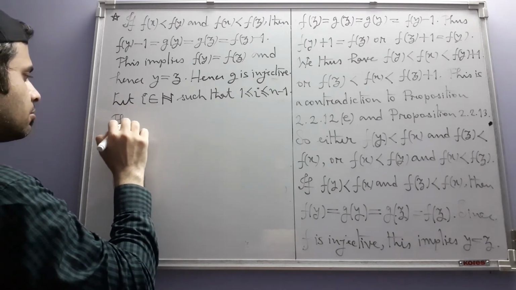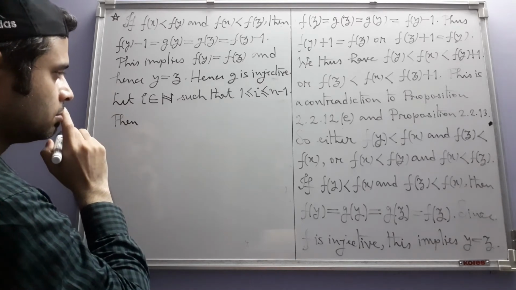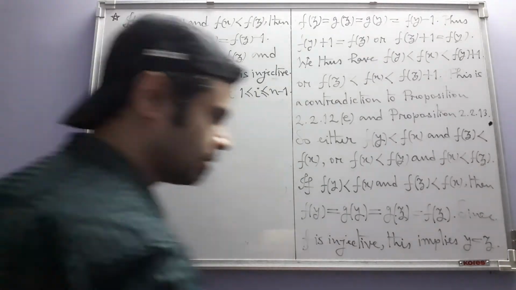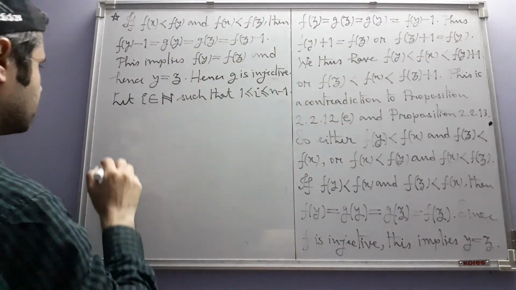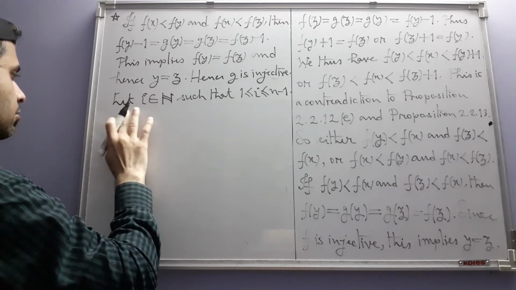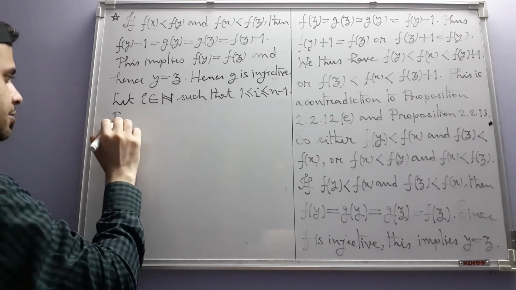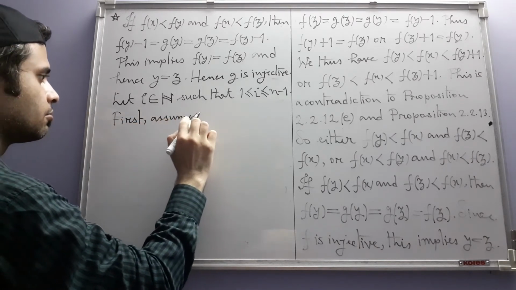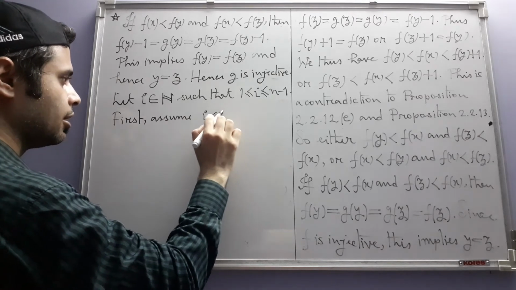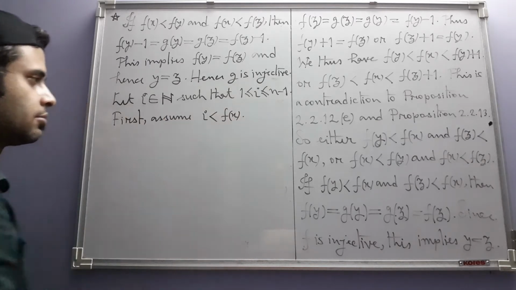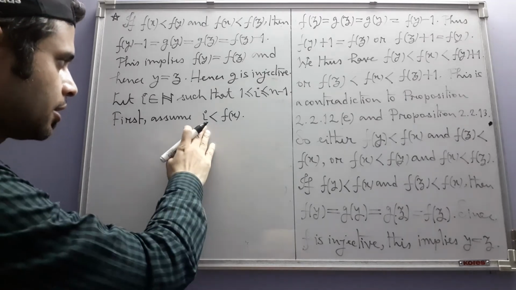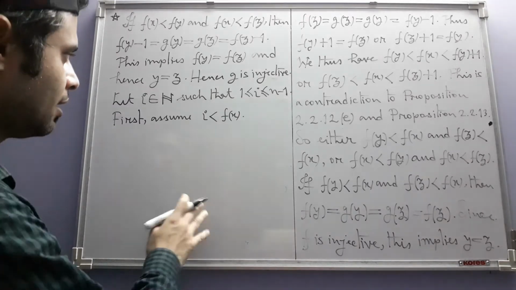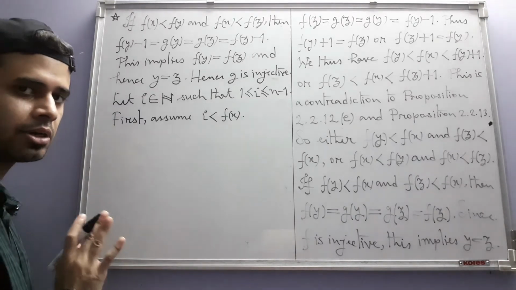Instead, we will take care of the cases one by one. I as a natural number is either less than fx or equal to fx or greater than fx. So we have to look at all these three cases separately.